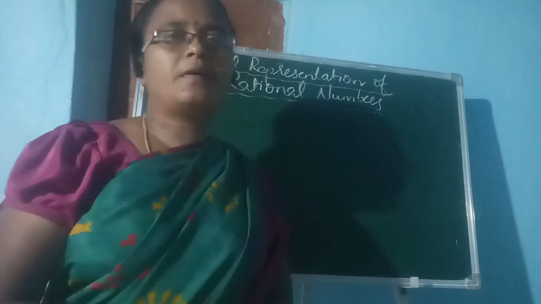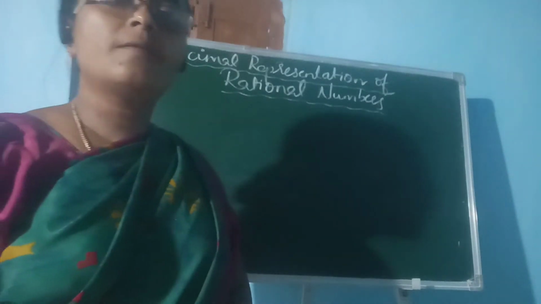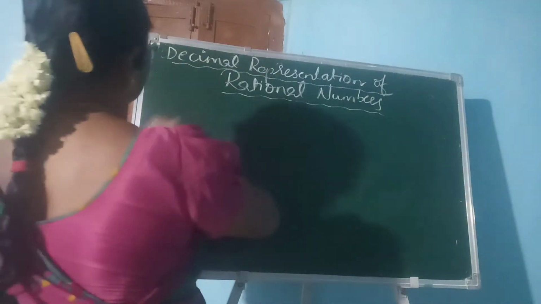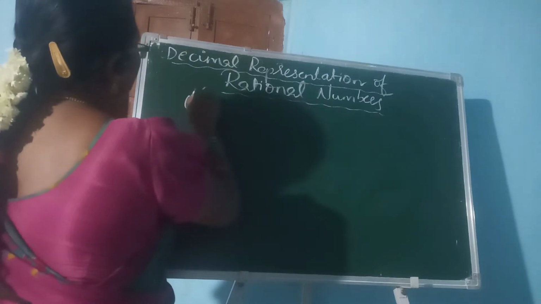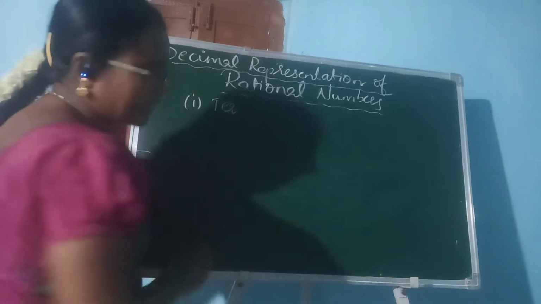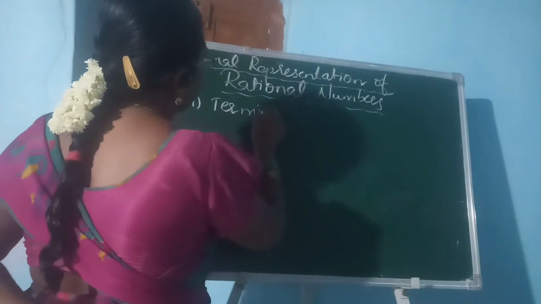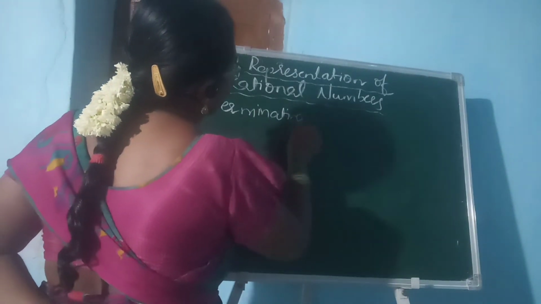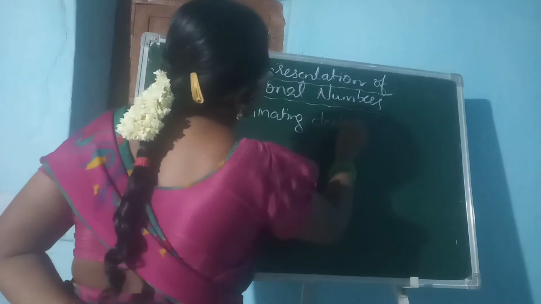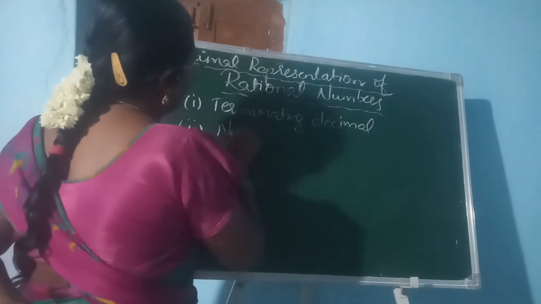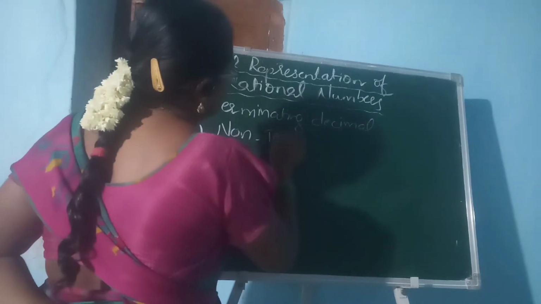While representing a rational number in decimal representation, we get two types of values: terminating decimals, and the second one is non-terminating decimals.